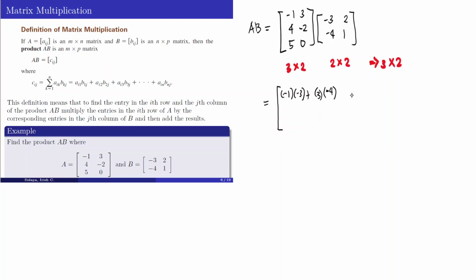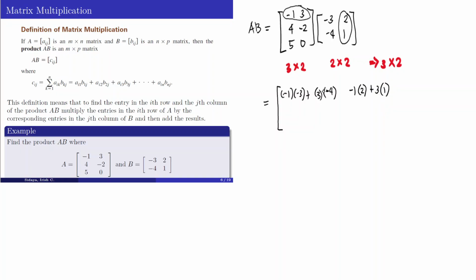Next is, for the first row, second column entry, we multiply this first row of A by the second column of B. So we have negative 1 times 2, then add 3 times 1. Again, the result must be a 3 by 2 matrix.